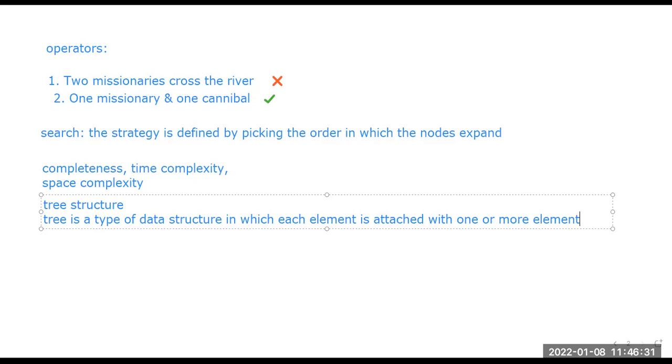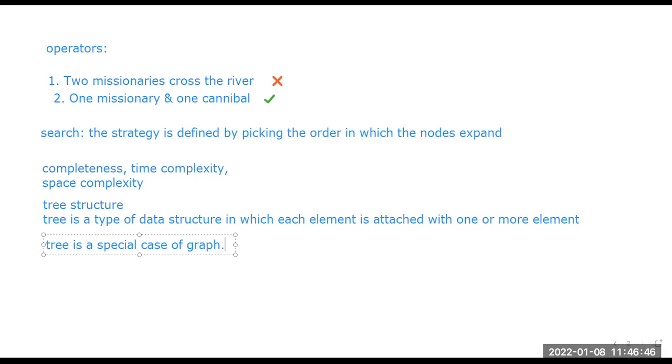What are the properties? A tree is a special case of a graph.